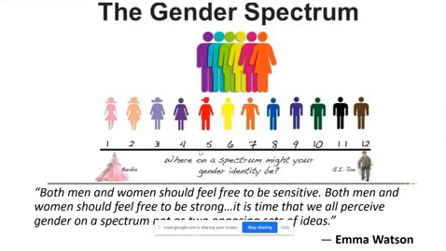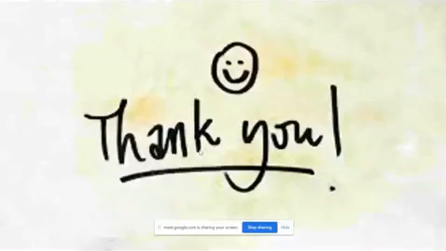So, just to give you Emma Watson's thoughts on this, she says both men and women should feel free to be sensitive. Both men and women should feel free to be strong. It is time that we all perceive gender on a spectrum and not as two opposing sets of ideas. And I'm going to leave you with that thought.